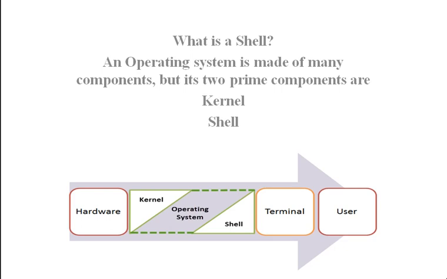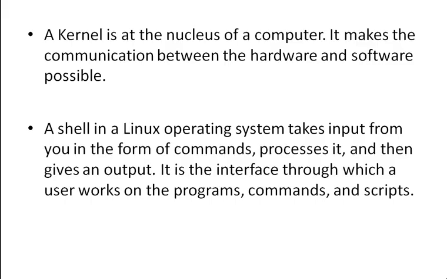In shell programming, whatever command you are typing on the prompt, shell will understand that command, interpret that command, process it and produce the output of the command. As I have told you, kernel is the nucleus of a computer, and it makes communication between hardware and software possible. Now what is shell? Shell, in a Linux operating system, takes input from you in the form of commands.